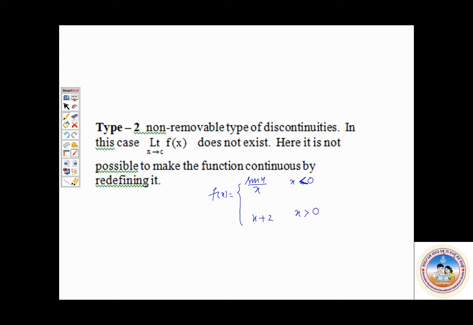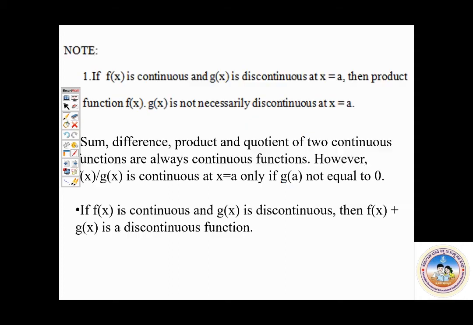Clear? Now let us move to the next one. If f of x is continuous and g of x is discontinuous at x equals a, then the product f of x into g of x is not necessarily discontinuous. f of x is continuous, g of x is discontinuous, but you cannot decide that the product is discontinuous.